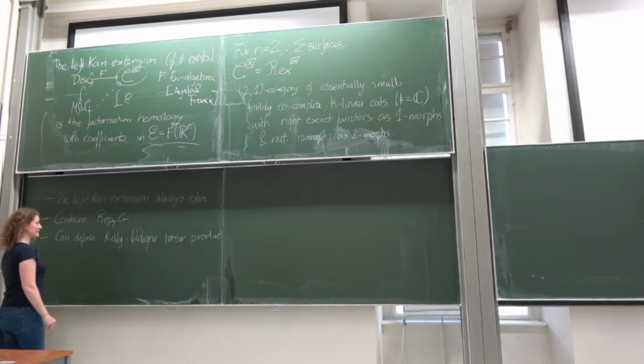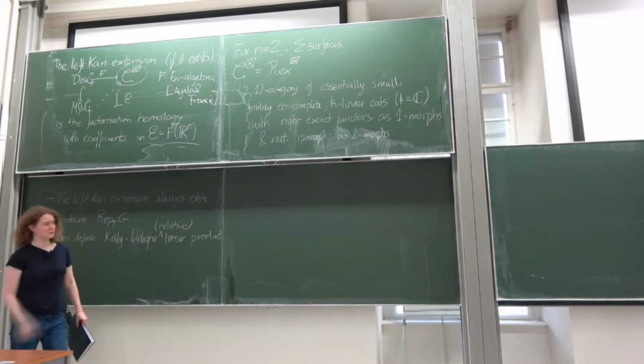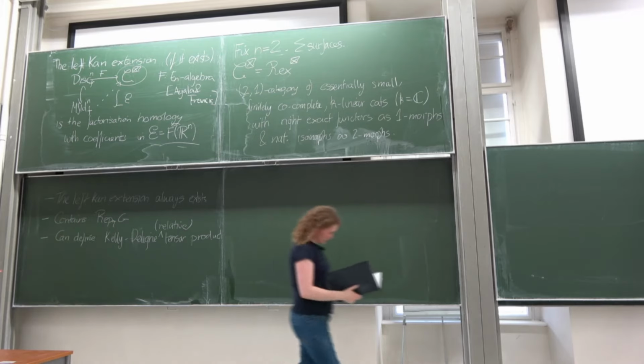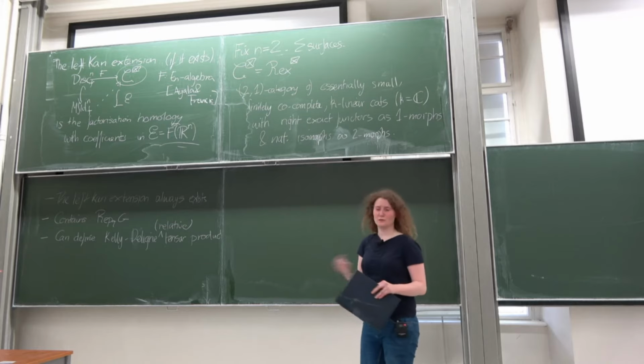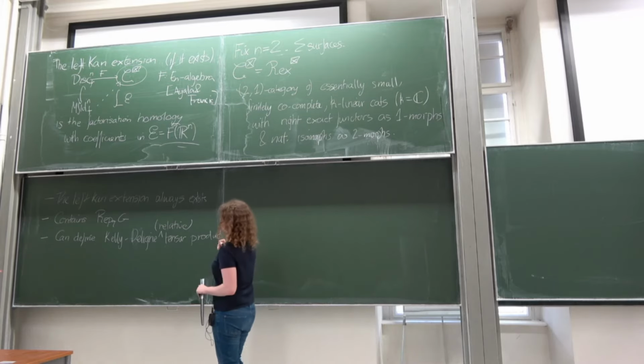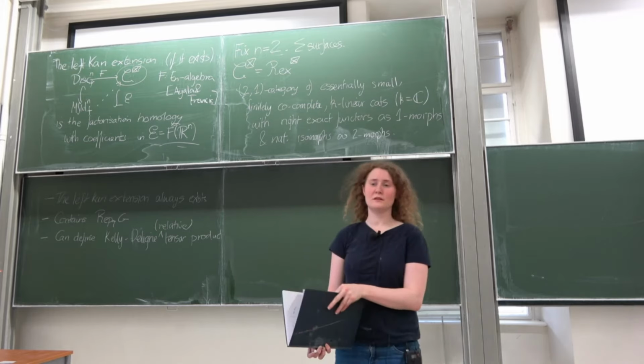And the only thing is, we can also do one better and define the relative Kelly-Deligne tensor product, which is quite important because it allows you to define an excision property. This tensor product is often just called the Deligne product?